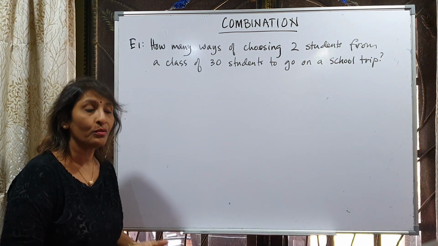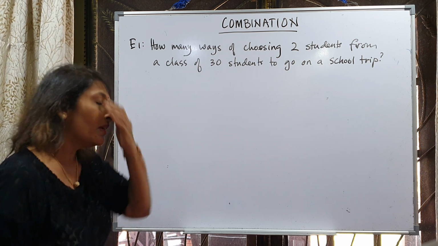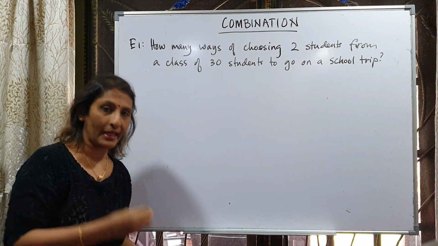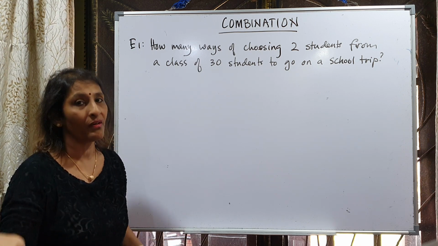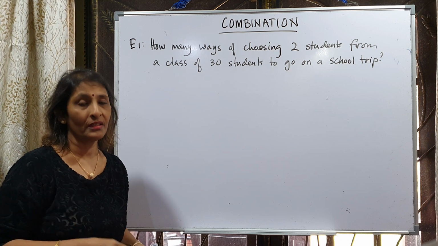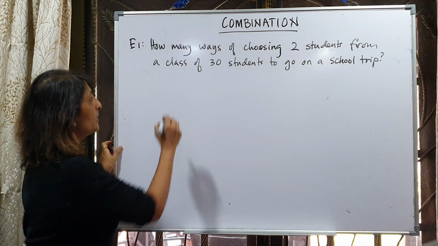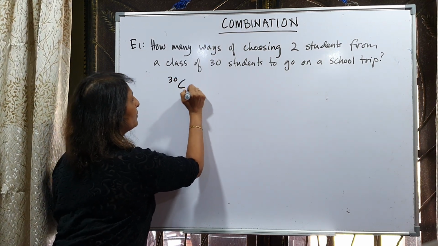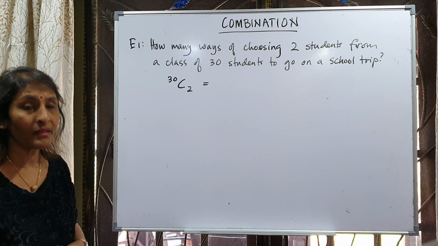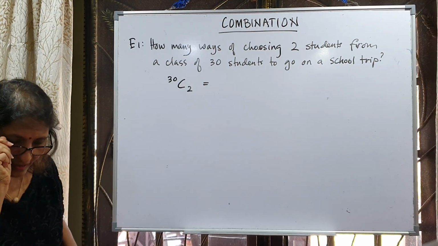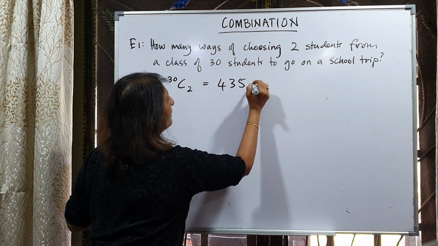You want to choose any two, so we want to know how many different pairs of students we can get. Does it matter who I chose first and who I chose second? No, because both of them are going on the trip. So therefore, you have to use the combination formula: from 30 students, we are going to choose 2. Now you just take out your calculator, press these numbers, and you should get the answer. You get 435 pairs.